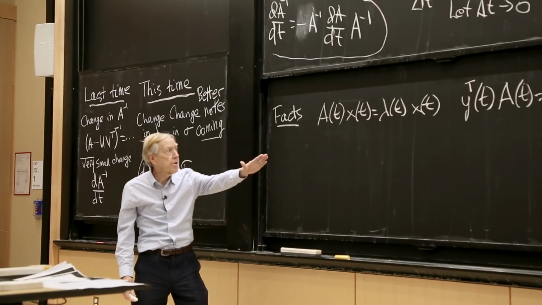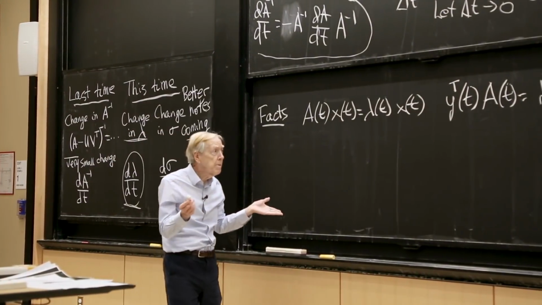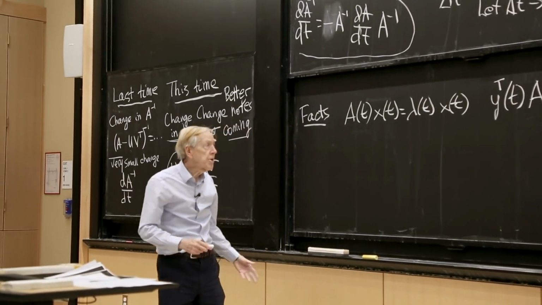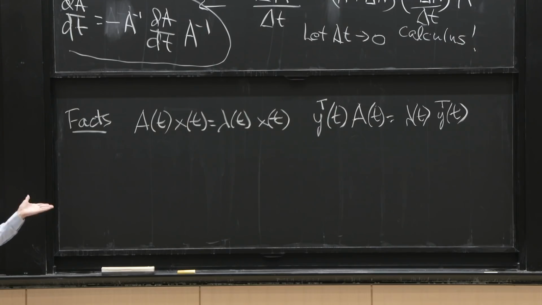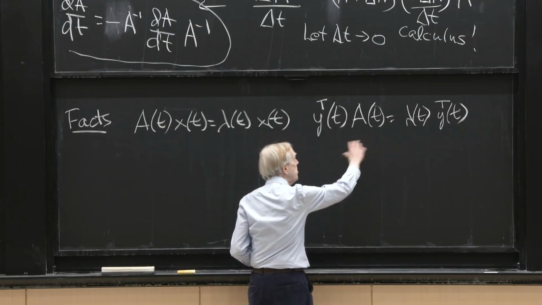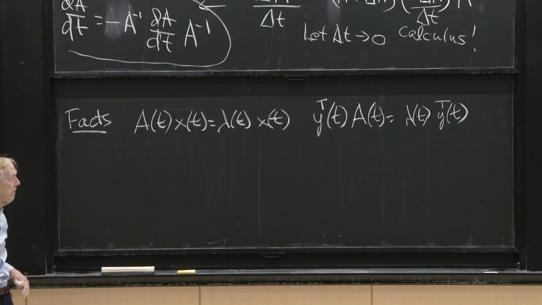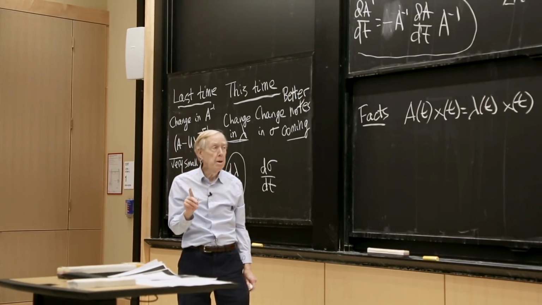So this is totally parallel to that. Maybe less seen, but it's just the same thing for A transpose. Everybody sees that if I transpose this equation, then I've got something that looks like that, but I'd rather have it this way. Now, one more fact I need.